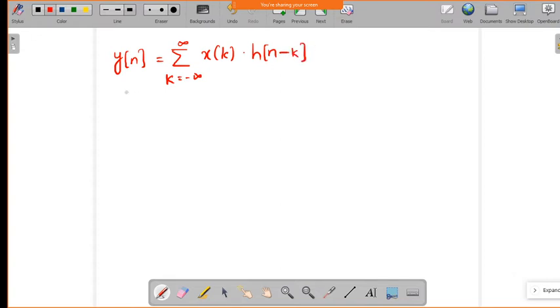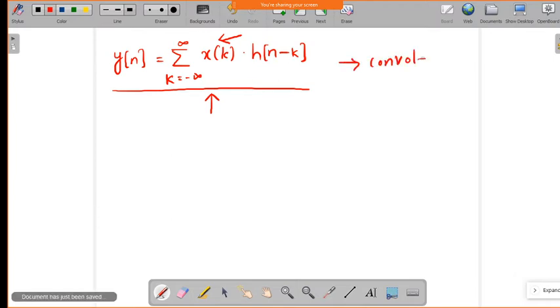Okay, so whatever we get as the output of the system, with the impulse response of the system for time shifted impulses with any arbitrary input signal, this we will call the convolution sum. If it is a discrete time signal, this is called the convolution sum.